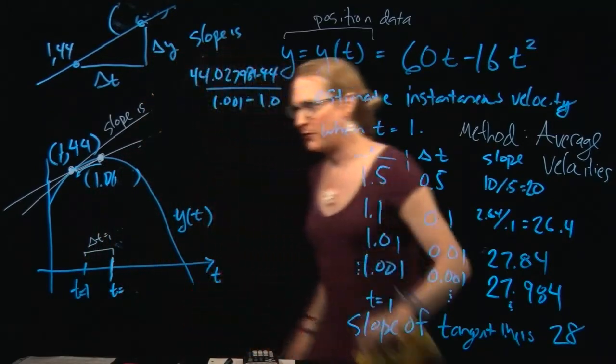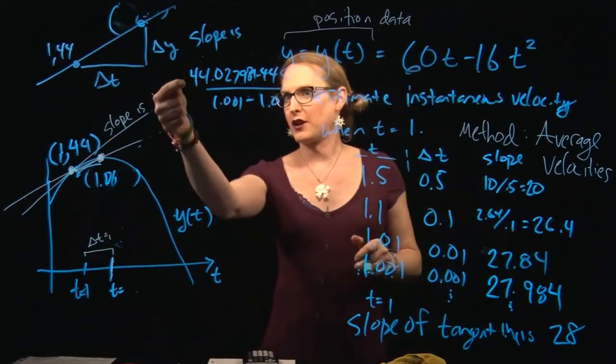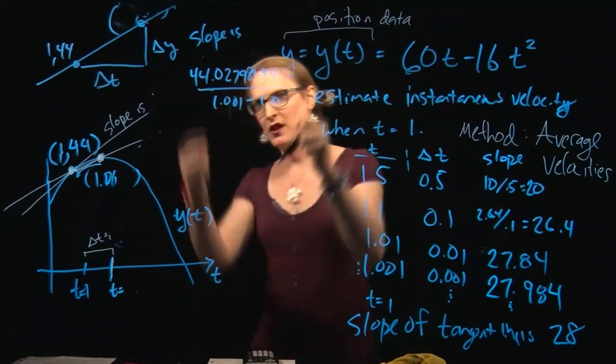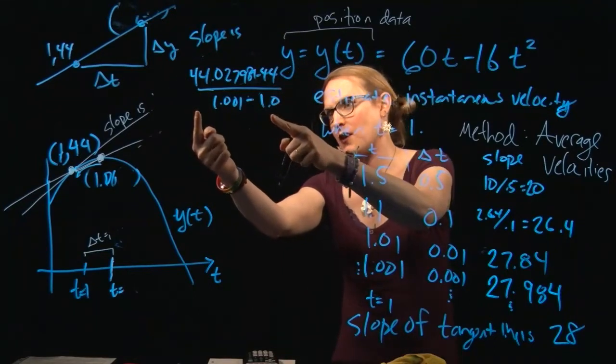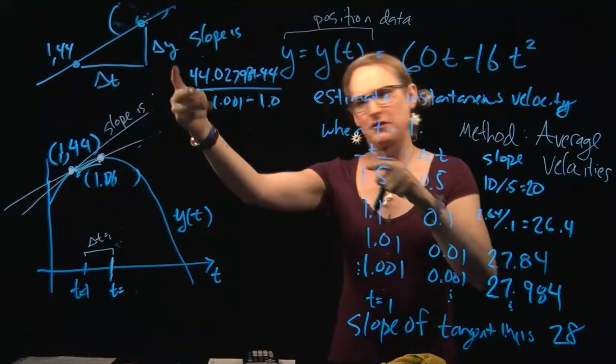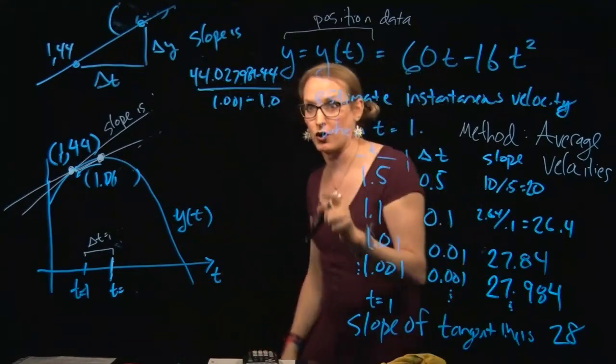So one thing I want you to pay attention to, if you're doing something like that, is that the numerator, when you're doing the slope calculation, is going to 0. The denominator here is going to 0. If these aren't both going to 0, then something's weird in your calculation, and you should check your work.